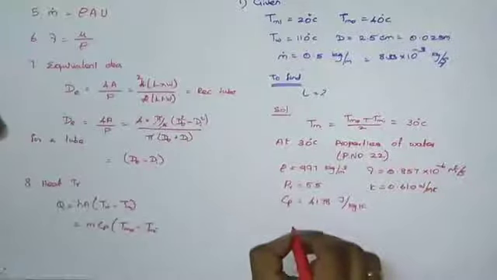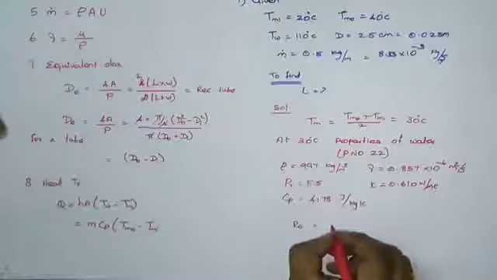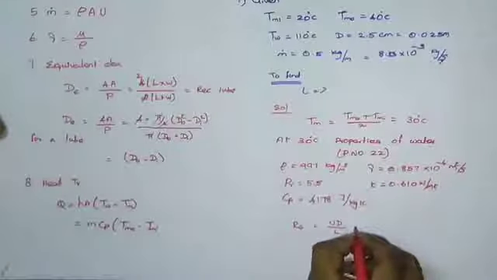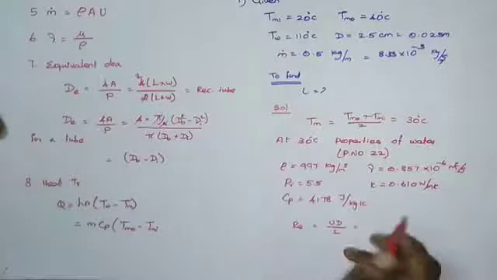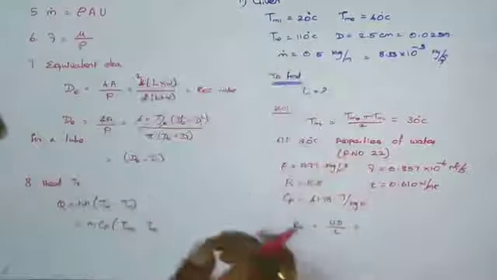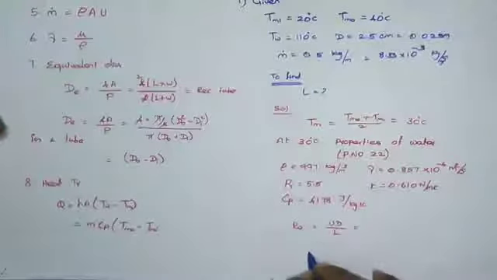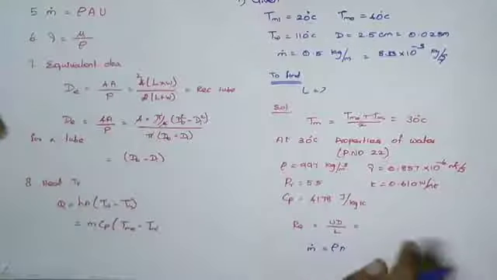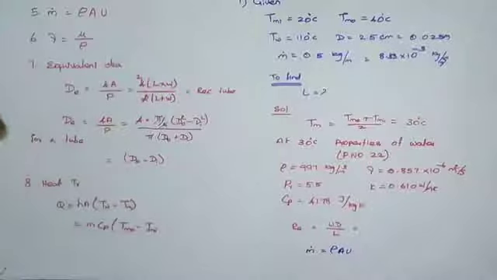And the second step, just find out the Reynolds number value. Since it is a cylinder, you just use UD divided by nu. U is nothing but your velocity value. The velocity value is not given in the problem. Instead of velocity value, they gave the mass flow rate value. So you know that mass flow rate m dot equal to rho A U. From this equation, you just find out the U value.